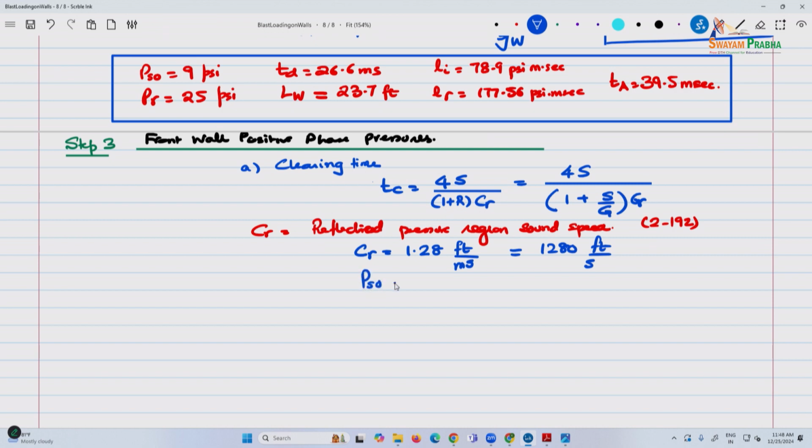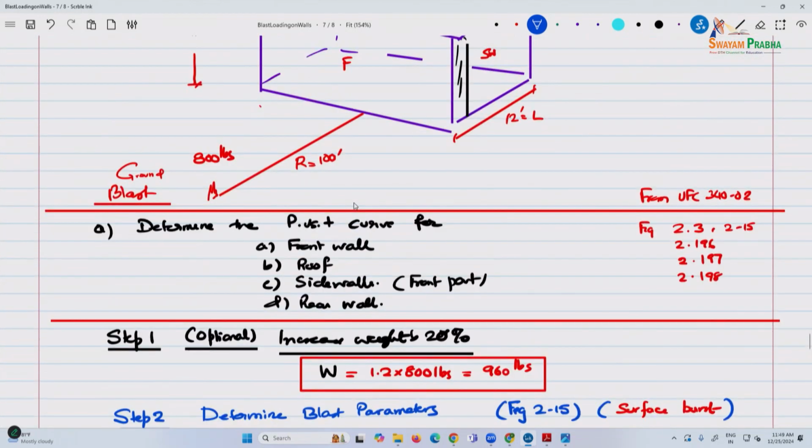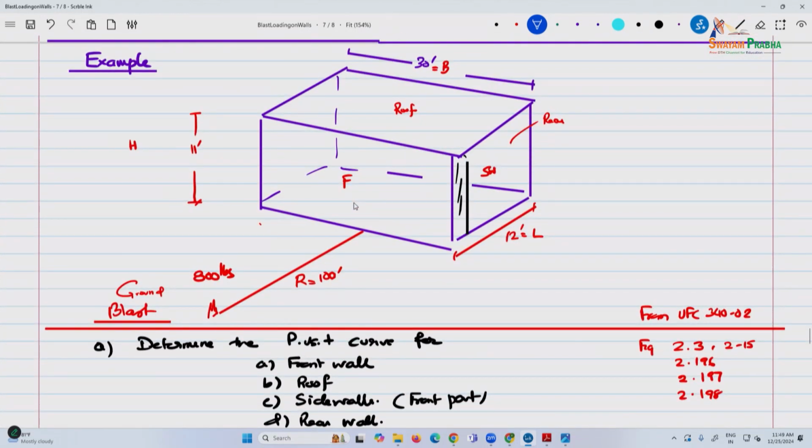So PSO was 9, and S is the lesser, the minimum of W by 2 or H. So here, if you look at it, it is either 30 by 2 or 11. B is 30.